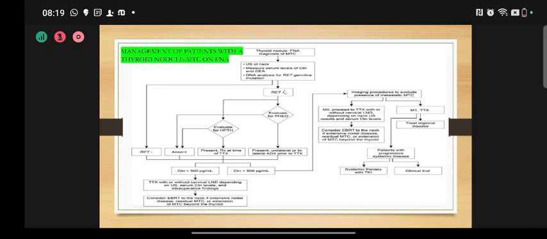If the RET is positive, we should evaluate for pheochromocytoma and hyperparathyroidism. Pheochromocytoma, if present, should be managed before the thyroidectomy. If hyperparathyroidism is present, it can be managed along with the thyroidectomy. In both cases, RET negative and positive, if the calcitonin is more than 500, we should go for other imaging procedures that I have already mentioned.